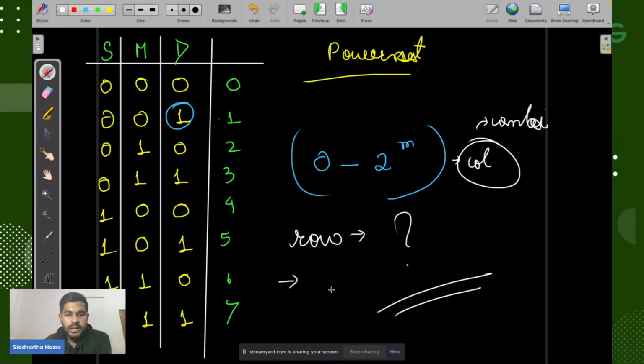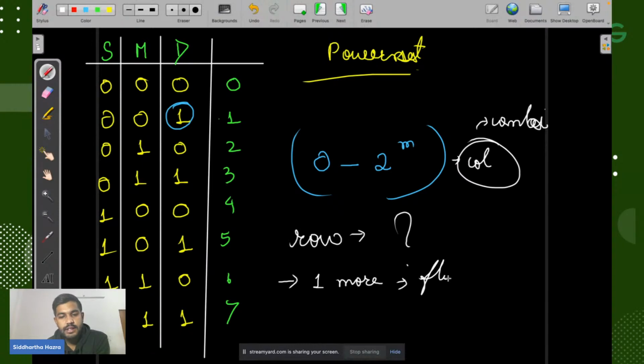If the number of 1s is more, I would flip the bits. If the number of zeros is more, or the number of 1s is less, I would simply leave it as it is. That solves the purpose.